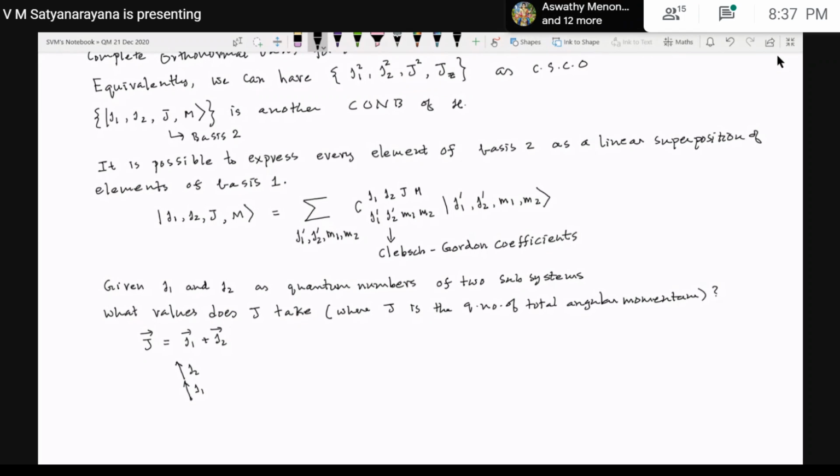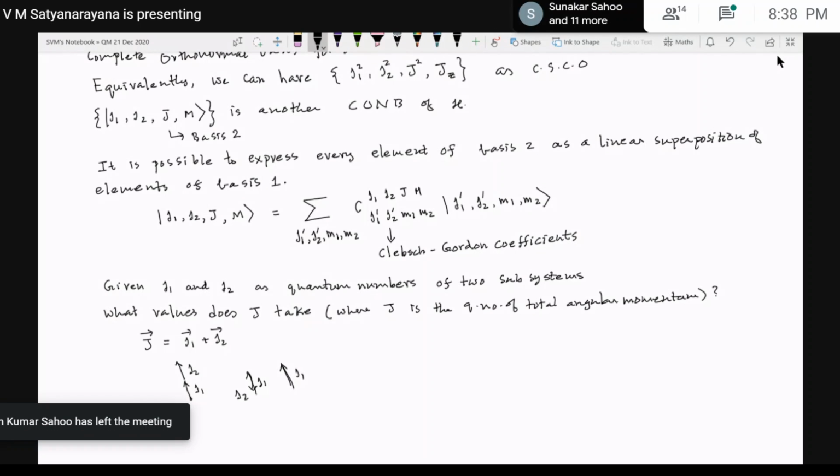Or if you add J2 in the opposite direction, it will be J1 minus J2, or J2 minus J1.